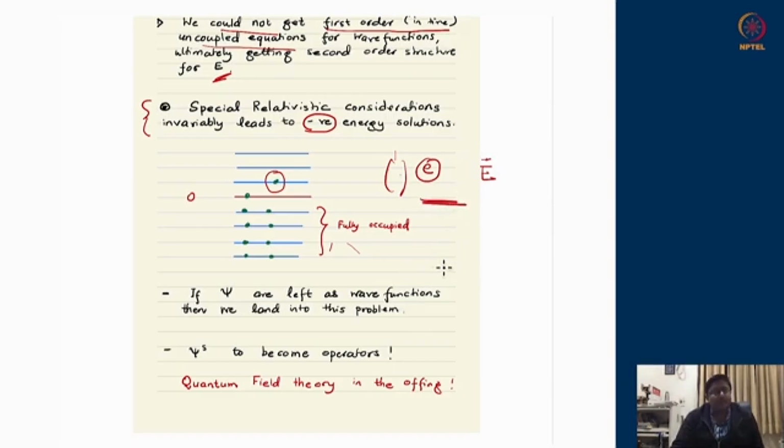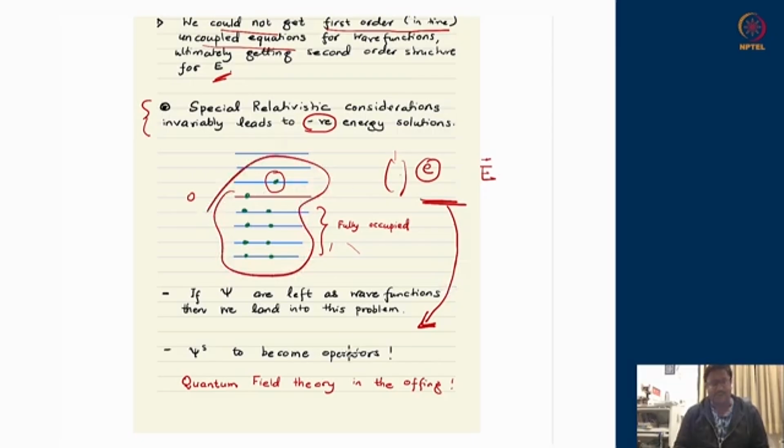Or the other only possibility which we are left with, just like when we were doing the Klein-Gordon equation, was that the psi appearing over here cannot be taken as numbers, meaning that they have to become operators, so that the density, the probability density which we were interpreting, should all become operators, and then they should act on certain things to give rise to numbers. All this indicates that we are talking about a theory of multiple particles.